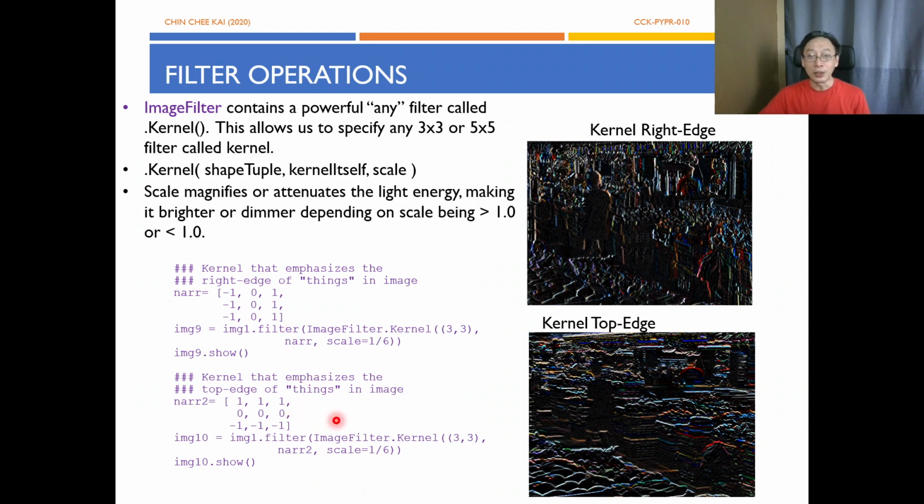Let's try another time. What if I want to enhance the top side and diminish the bottom side of any discernible objects? Then it's 1, 1, 1, 0, 0, 0, and -1, -1, -1, with an overall scale of 1/6. This 1/6, you can think of it as actually 1/6, comma 1/6, comma 1/6. 0 times 1/6 is 0, 0, 0, and -1/6, -1/6, -1/6, so that we add up to in total zero energy contribution, but it will be far nicer and cleaner to see that, oh yeah, in fact, we can also say 2, 2, 2 and -1 here, to really push up the energy on the top side.